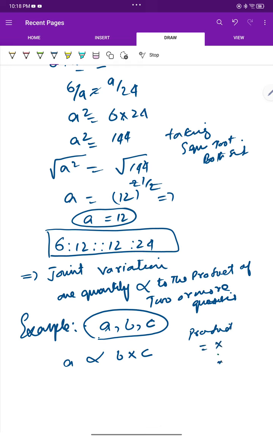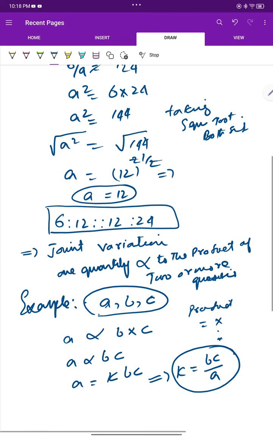So our A is directly proportional to BC. In mathematics we use a constant to remove the directly proportional sign. So BC, or in other words, K is equal to BC by A. So this is called joint variation.